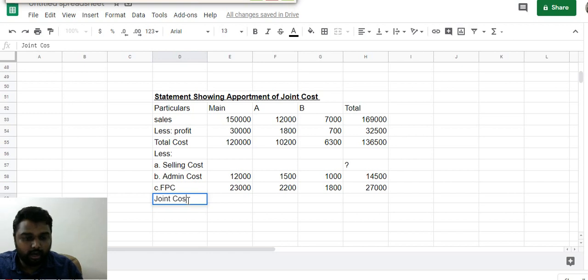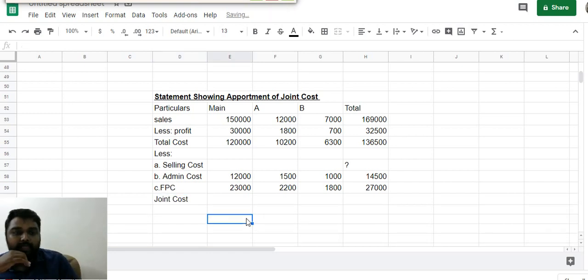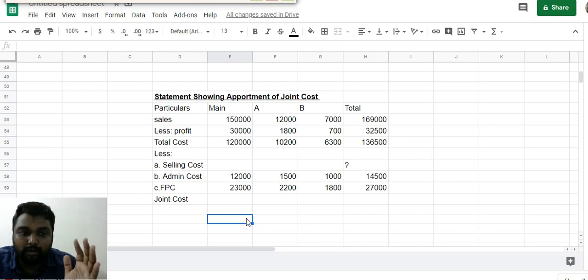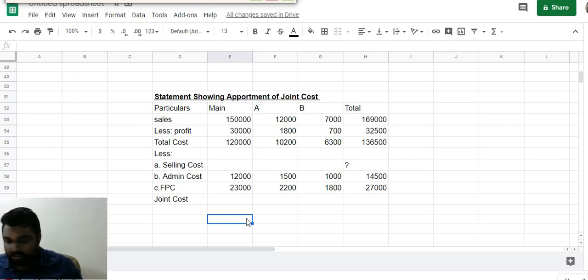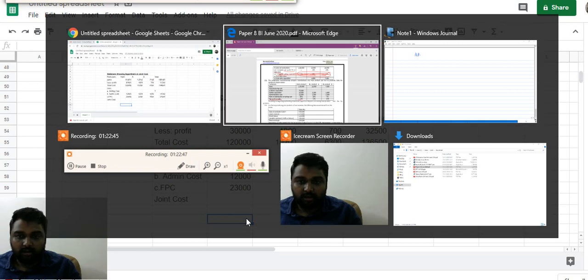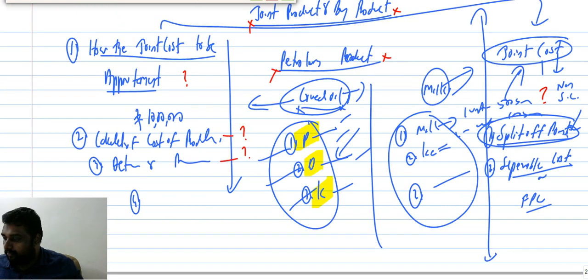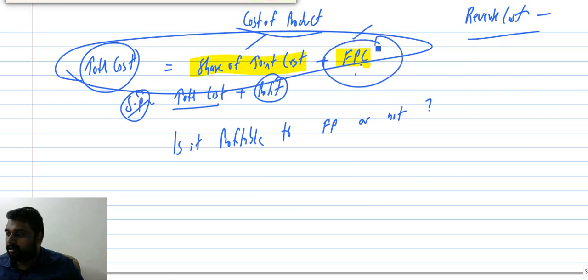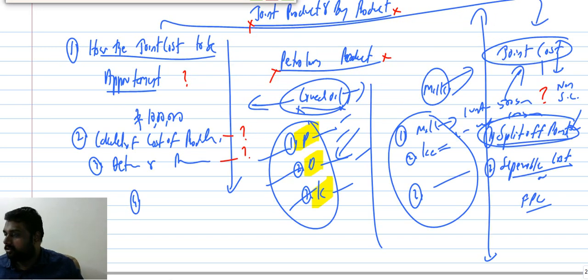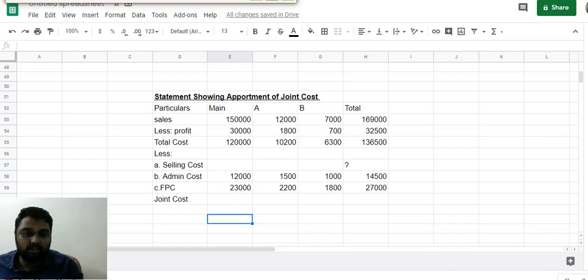From the total cost, reduce the selling expense, admin cost, and further process cost, and we will get the joint cost. That means all the separable cost. See, in the first session itself we have discussed it. From the total cost, further process is separable cost. If we reduce the separable cost, we will get the balance cost. So what will be the answer?